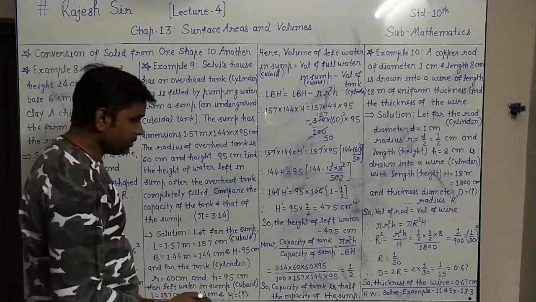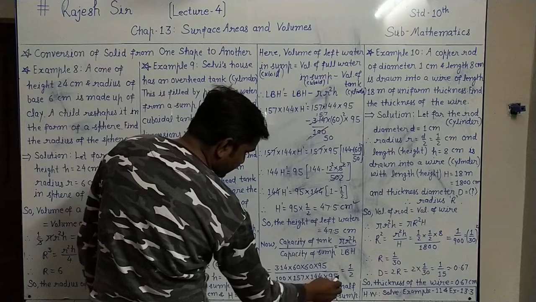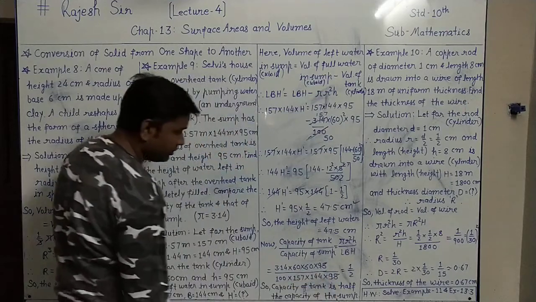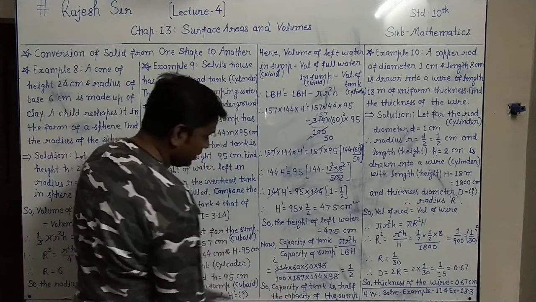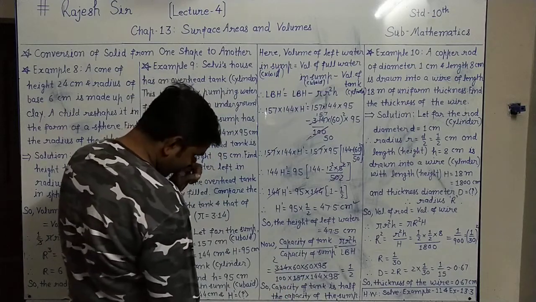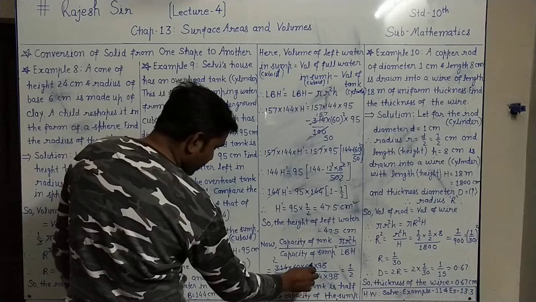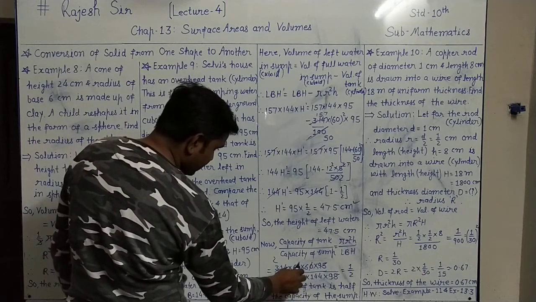Now more simplifications here. As we can understand, 95 totally cancel. Then 157 twos are 314. Then this 1 0 and this 1 0 cancel. This another 0 cancel.